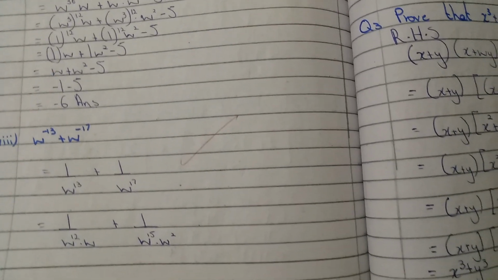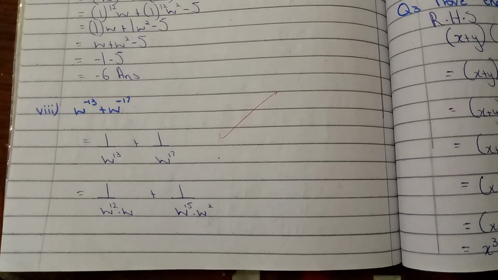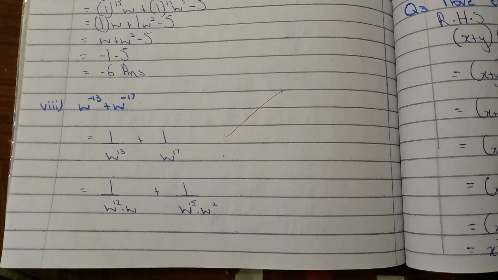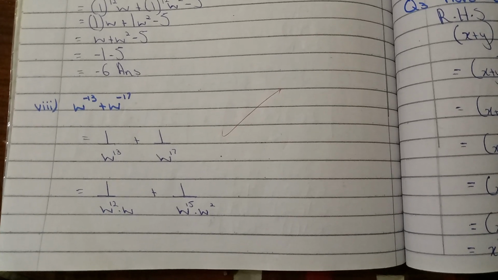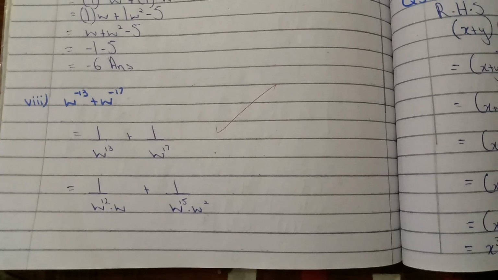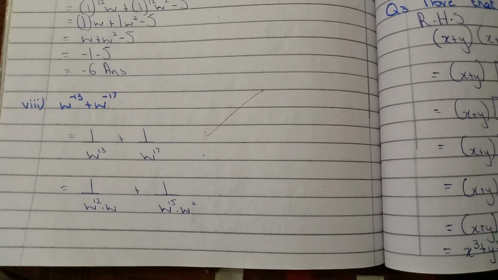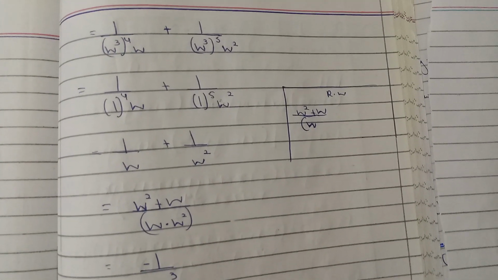In part number 8, exponents are negative, so they will go in the denominator. It will become 1 by omega 15 plus 1 by omega 17. We can make the factors divisible by 3. So omega 15, omega 15 and 2. Then we can change them into omega cube, it will be to the power 5.